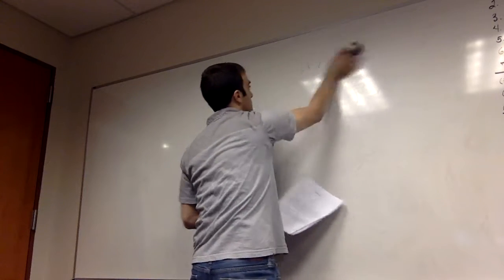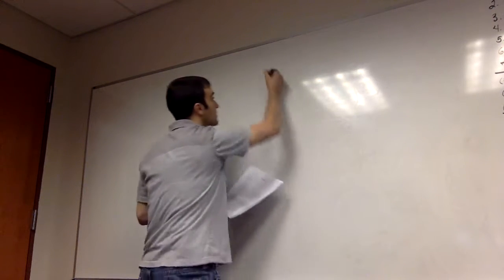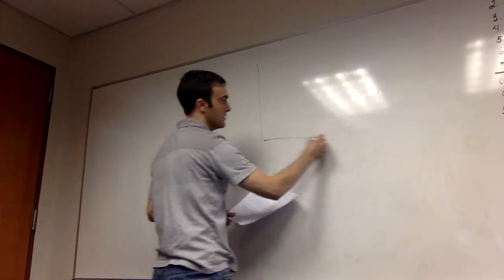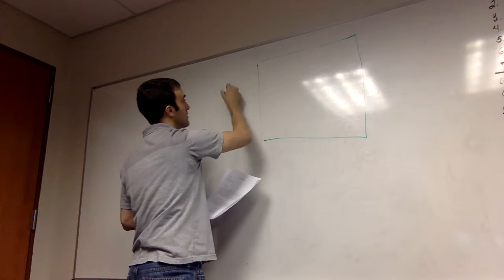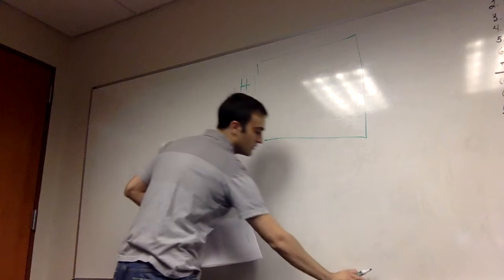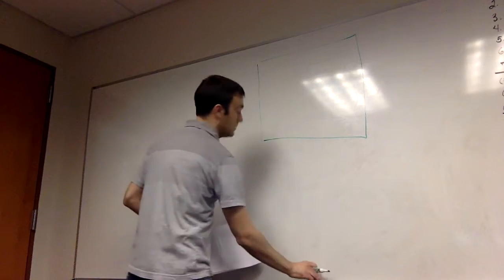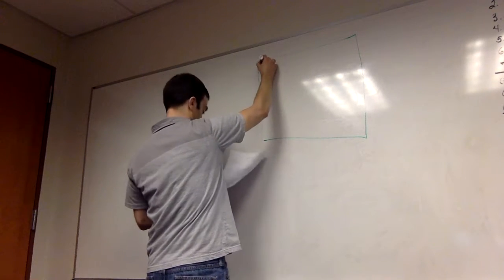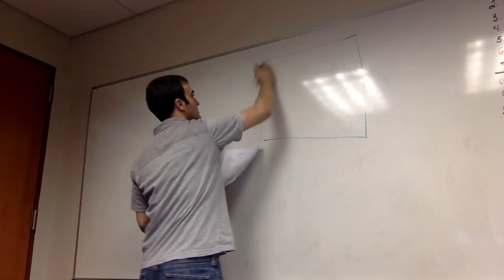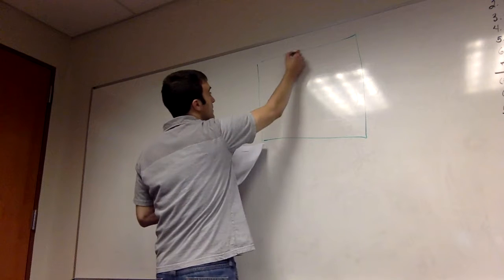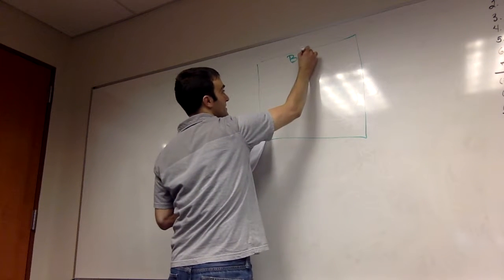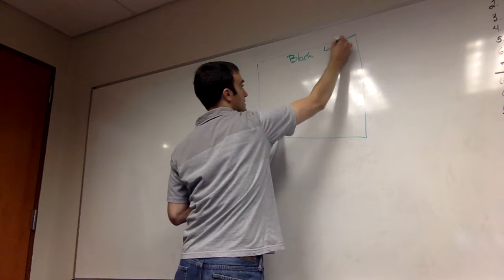In the table, as I reproduce it here, they have the race in the columns, black and white.